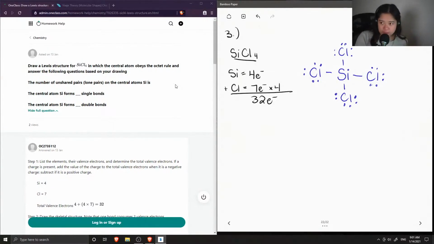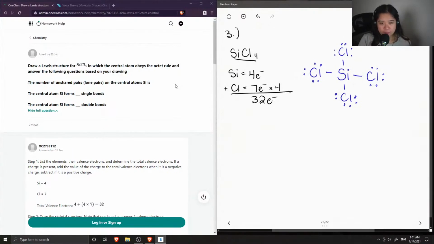Okay, so if I count out how many electrons I've drawn so far, I already have my 32 electrons. So now I can try to answer the questions.